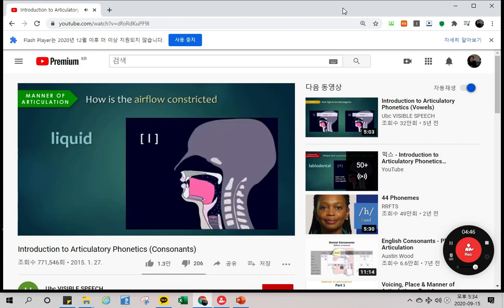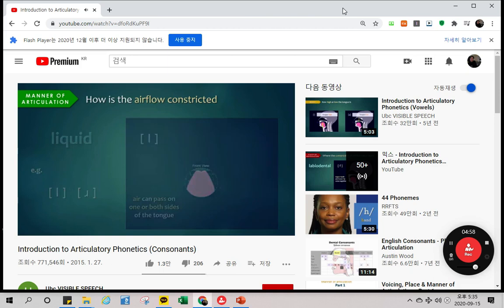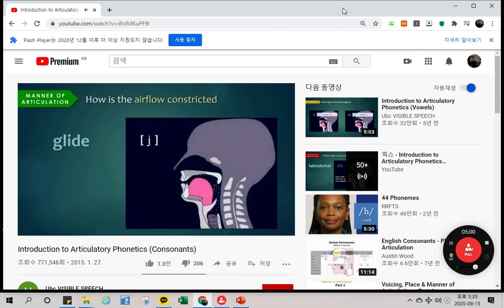Liquid sounds are produced by allowing air to pass by one or both sides of the tongue, and the tongue itself can move a lot to shape the sound. Glide sounds are produced with very little constriction of airflow, so little, in fact, that they are often referred to as semivowels, such as w, y.